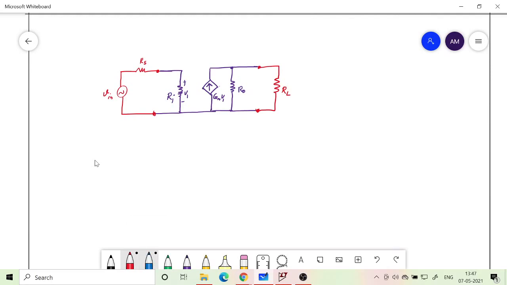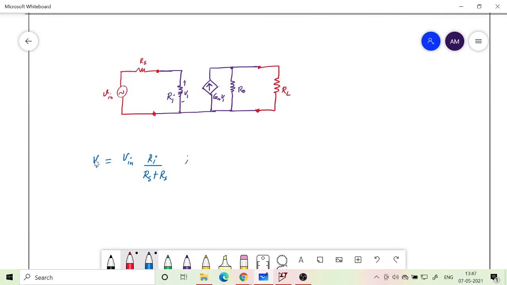Okay, so since they are in series, we will apply the potential divider rule. The applied potential V in will be divided, and V1 is equal to V in into RS. Sorry, the potential divider rule says that it should be the resistance of whatever voltage you are looking for divided by the sum of the two resistances in series. So this you establish.